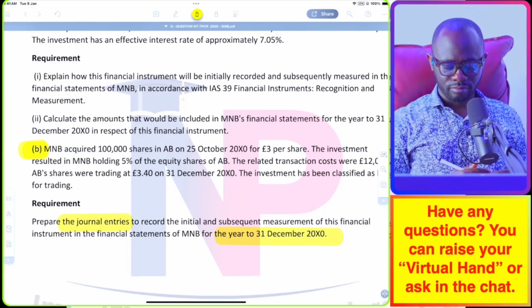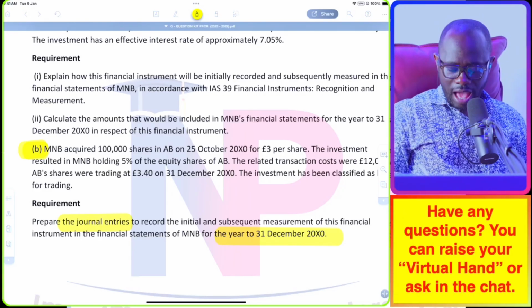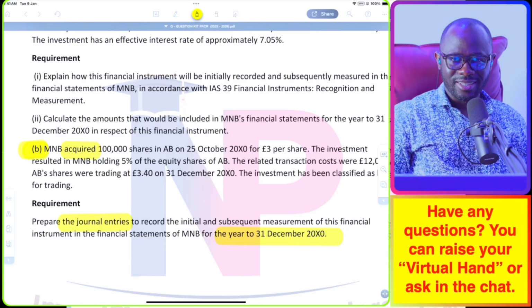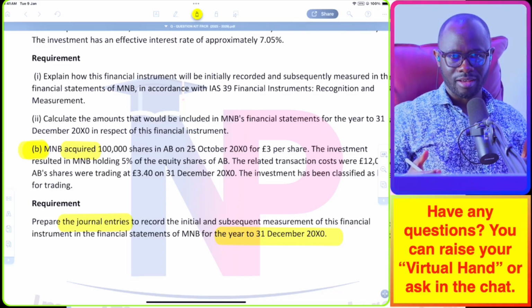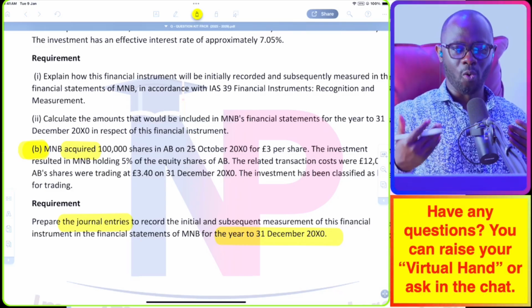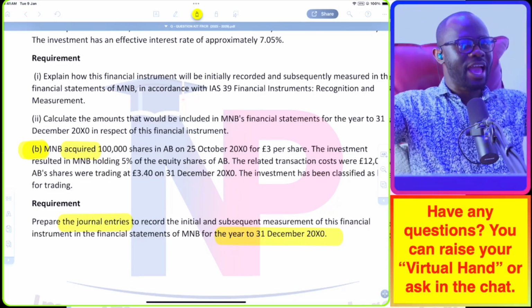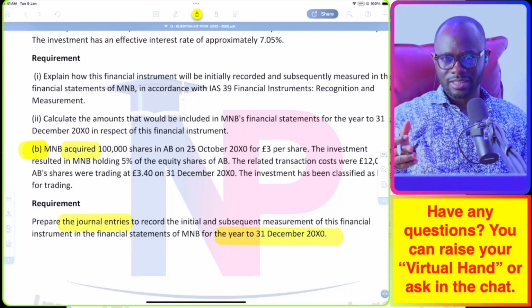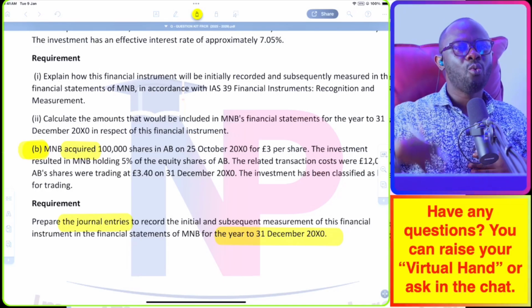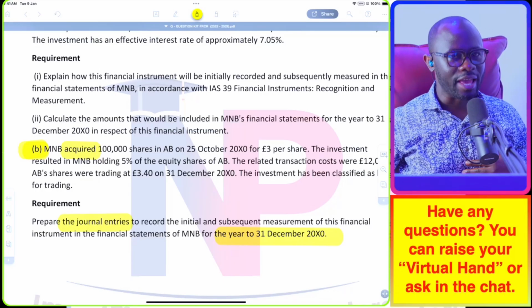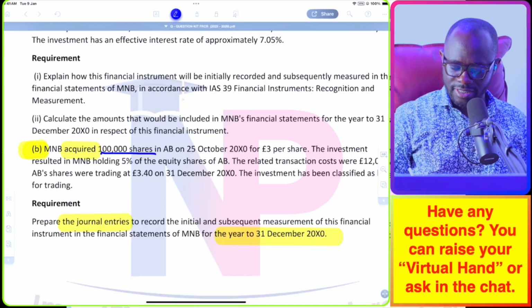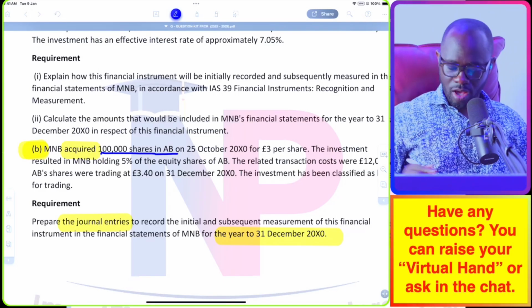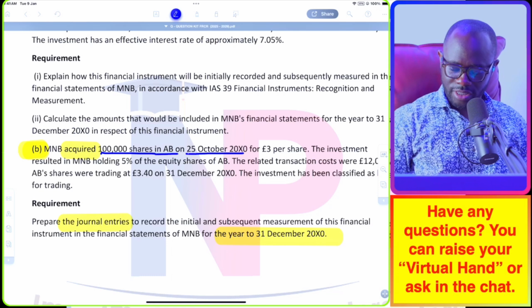So let's go. MNB acquired. The verb acquired. So when I hear acquired, it means financial asset. What did they buy? 100,000 shares in AB on 25th October 20X0.